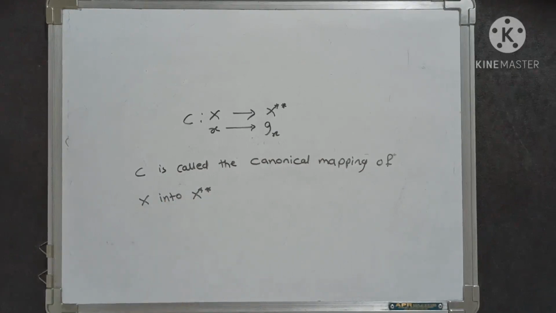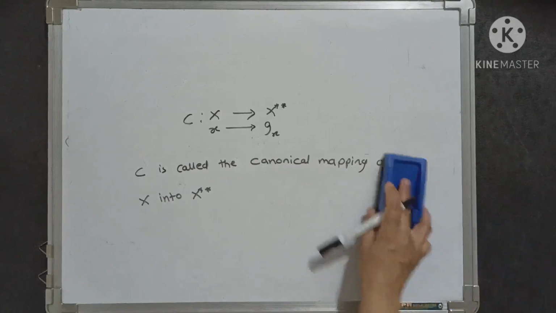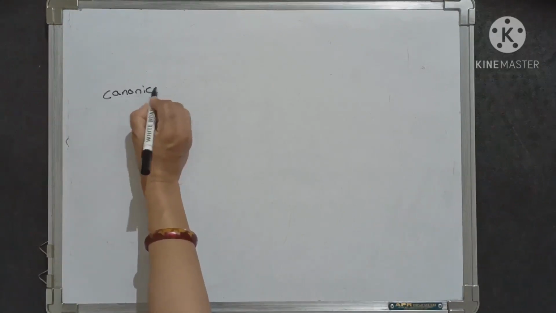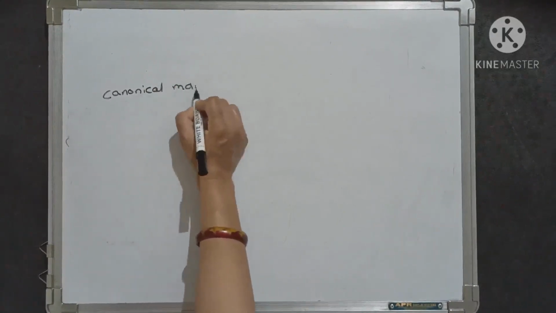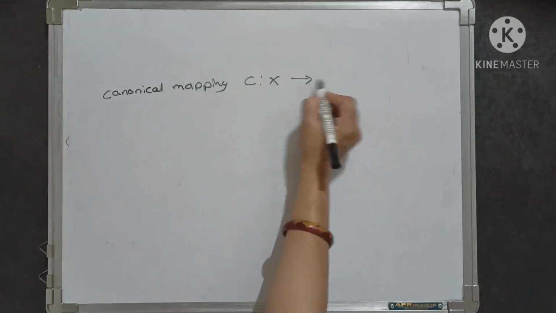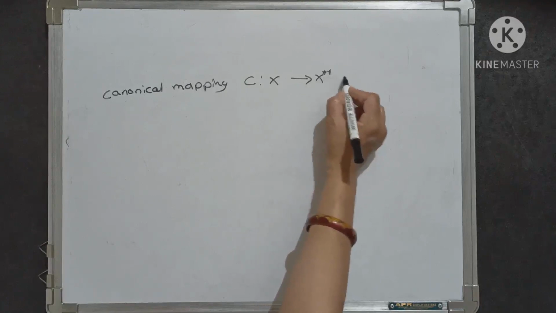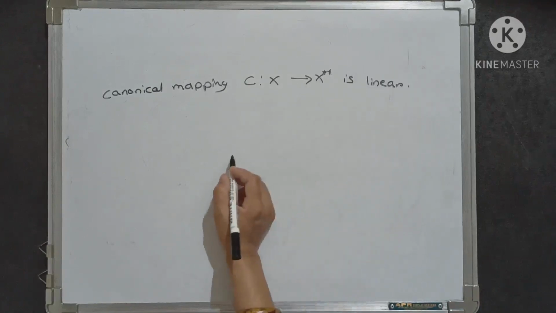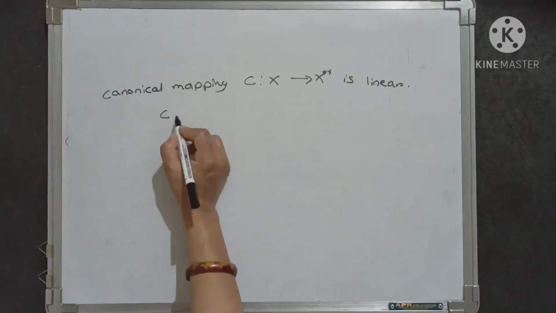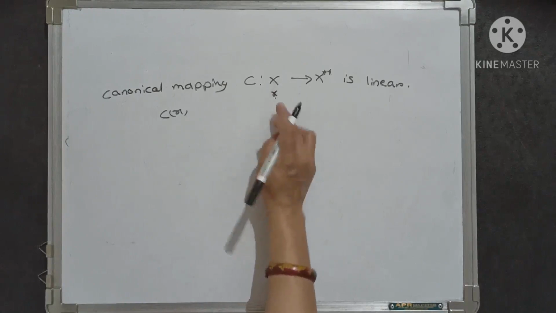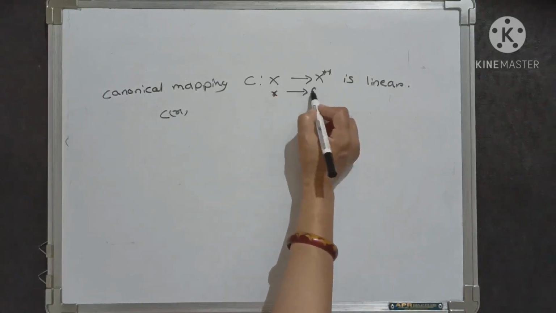Now here we prove that this canonical mapping C, which is from X to X double star, is linear. This mapping is defined like this: small x is an element of capital X, and x goes to Gx.